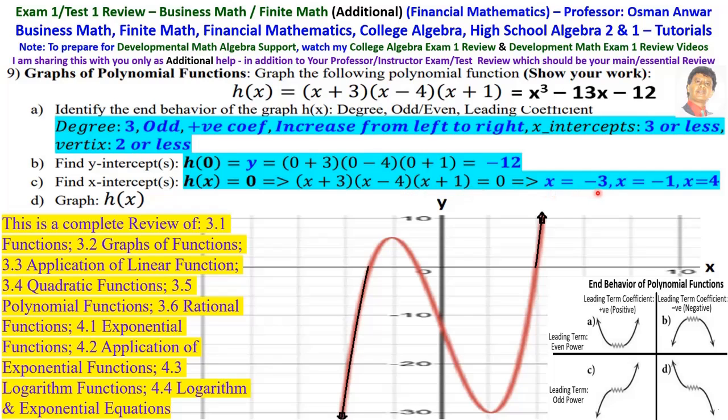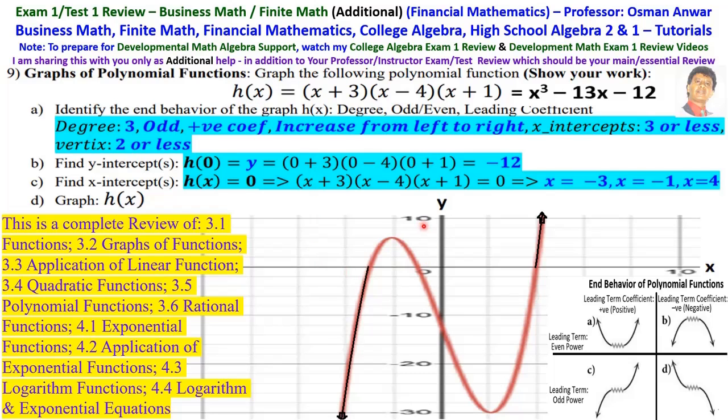That is x equals minus 3, x equals minus 1, and x equals 4 are the x-intercepts. So now the vertex, the turning points, at this point we don't know what they are. Once you get to calculus class, you will learn how to take the derivative, set it equal to 0 to find the maximum and the minimum point.